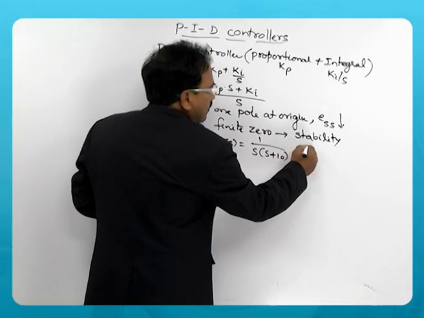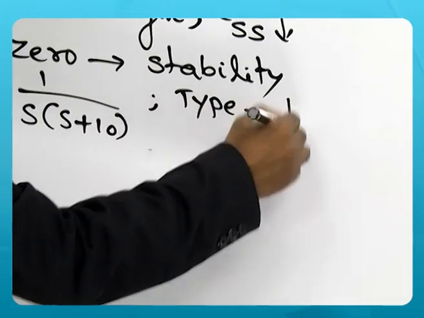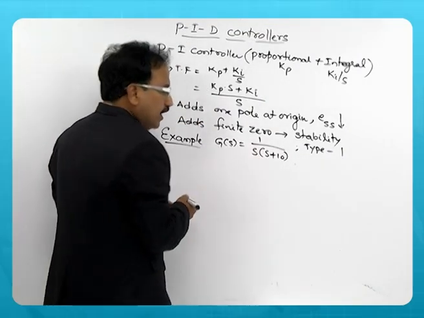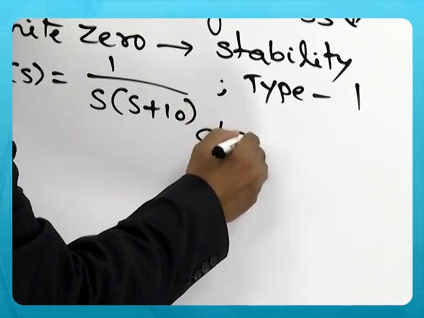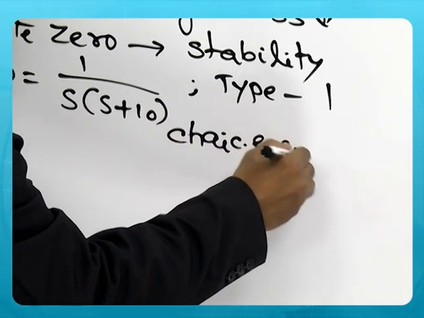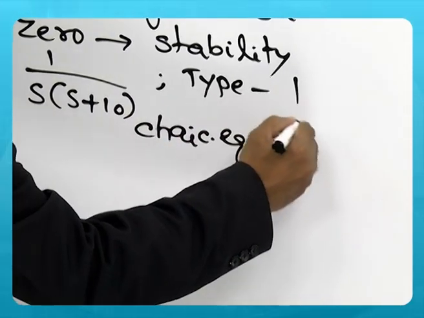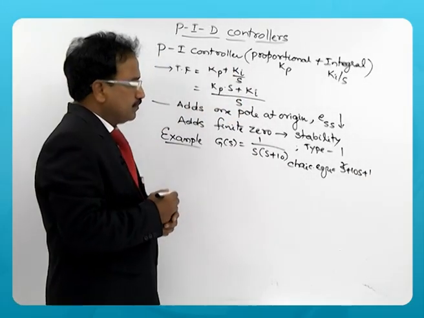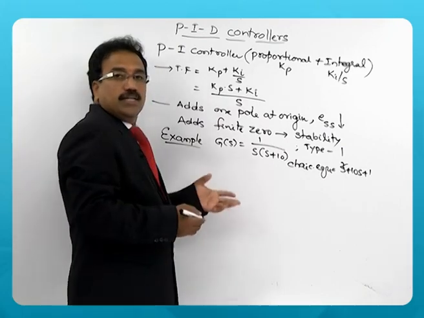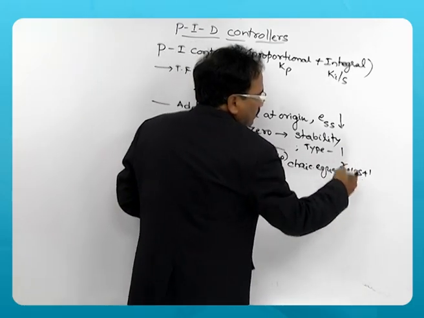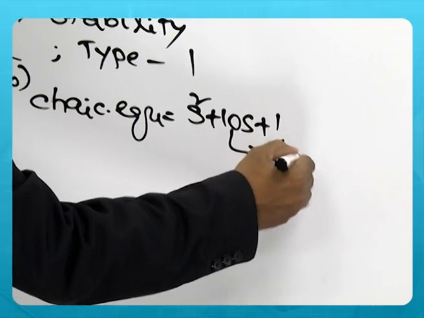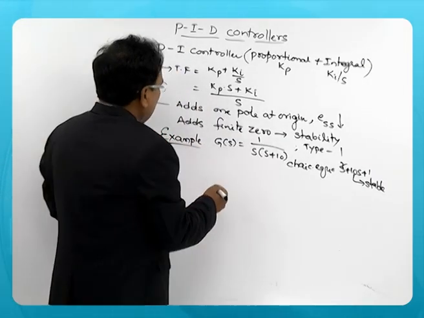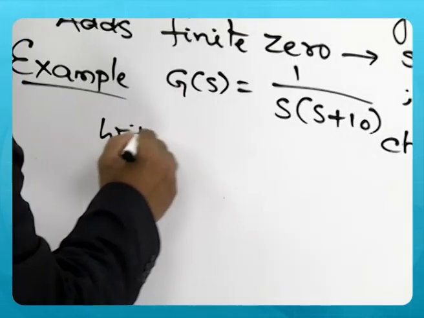As it is, the type of the system is 1 because there is one pole at origin, and the characteristic equation is S square plus 10S plus 1. By looking at the characteristic equation, you can say that the system is stable.